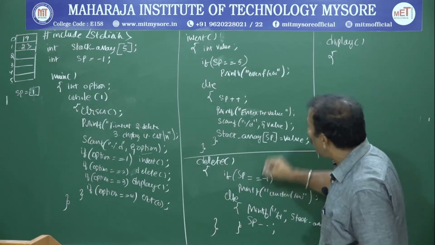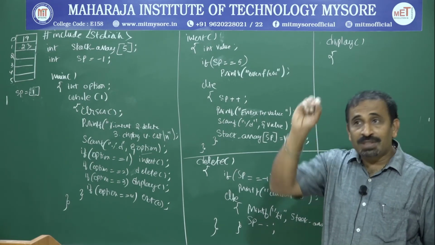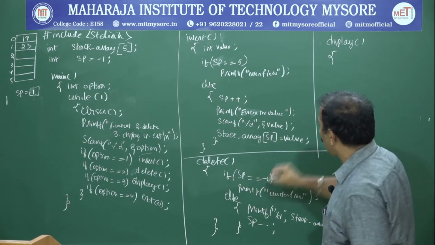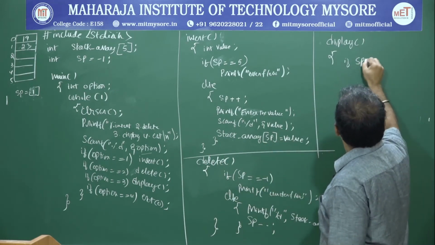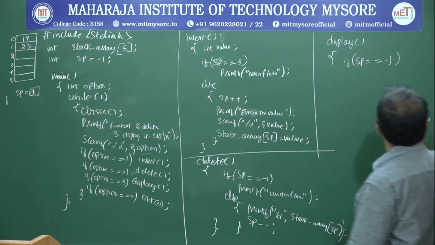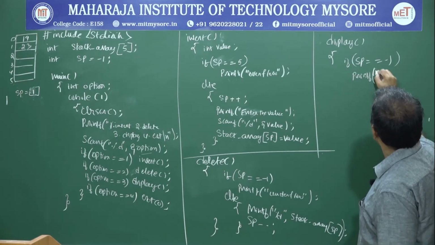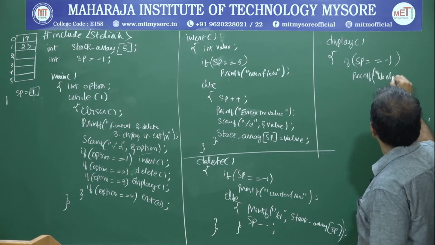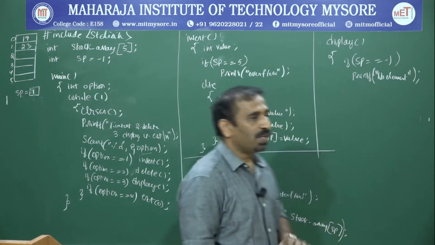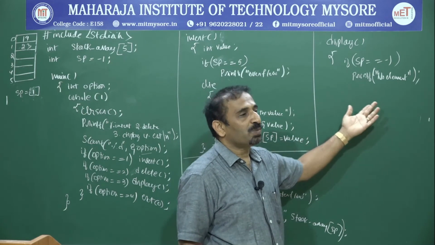So in the display, first I check like an underflow: if SP equals -1, print printf("no elements"). If SP equals -1, it means underflow, no elements to display.